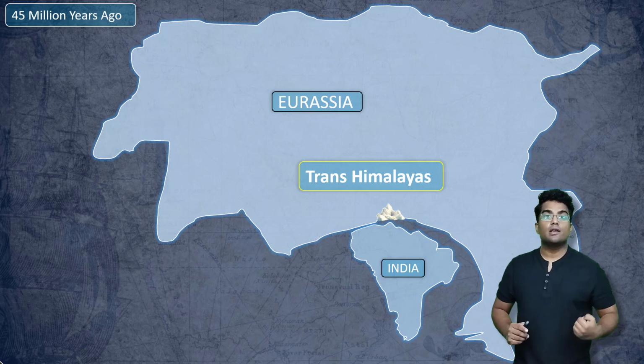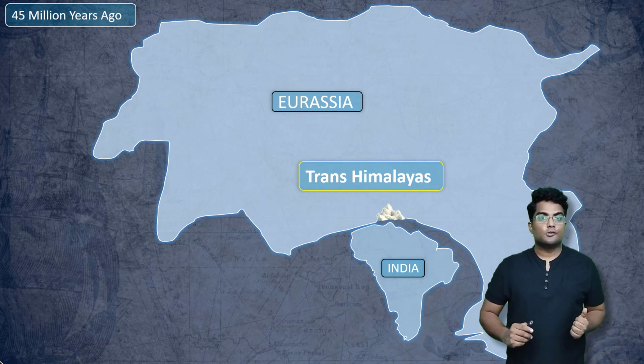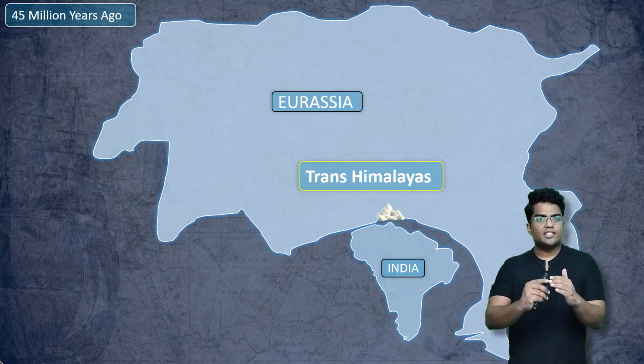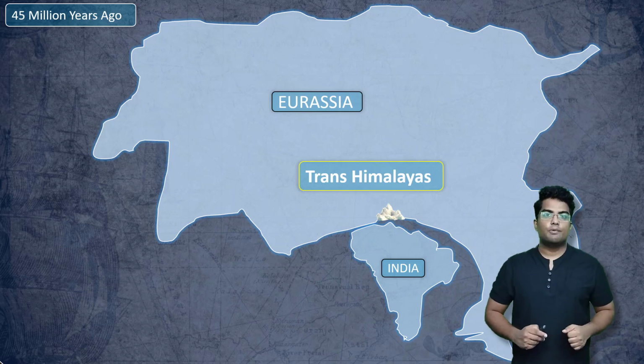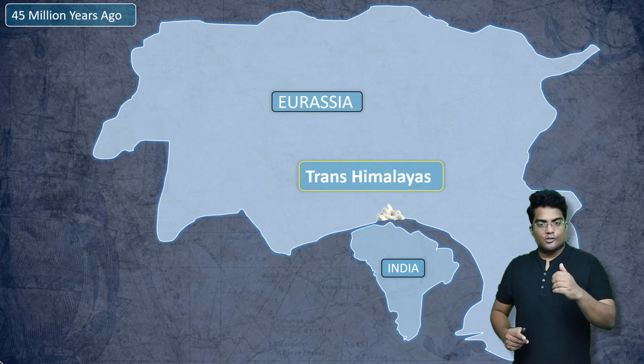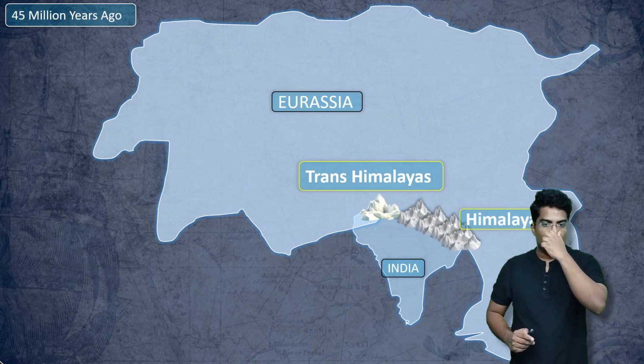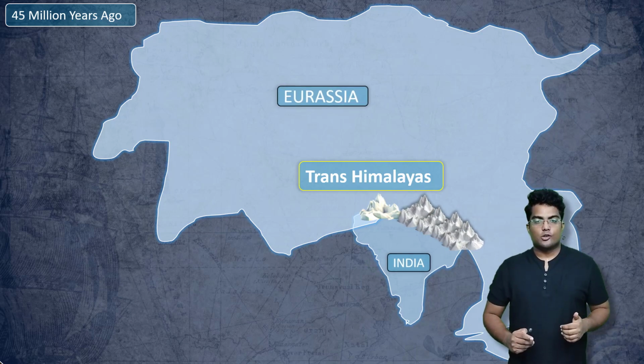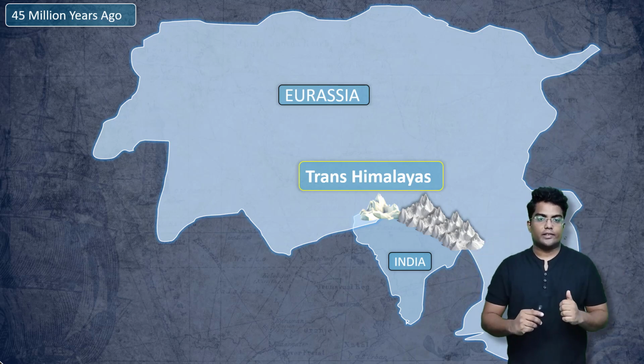What I'm trying to say is that even before the collision, there was some hill or mountain range already present. After the collision, this mountain range became bigger. So even before the formation of the Himalayas, the Trans-Himalayas, or at least a part of it, was already present. Now India is going to collide, and we have the Himalayas and the Trans-Himalayas, and slowly they grew in height.